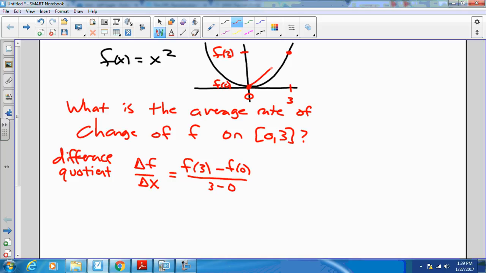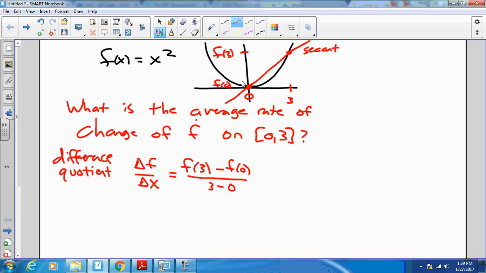And it is computing the slope of the line that connects the 2 points from x equals 0 to x equals 3. And we call this line a secant line because it cuts through the curve at these 2 points.